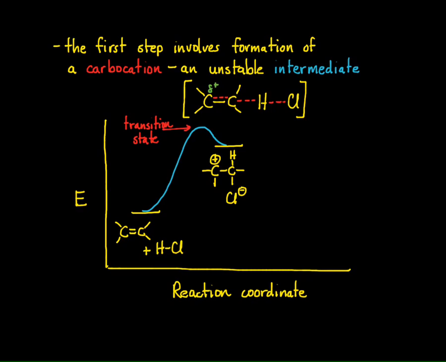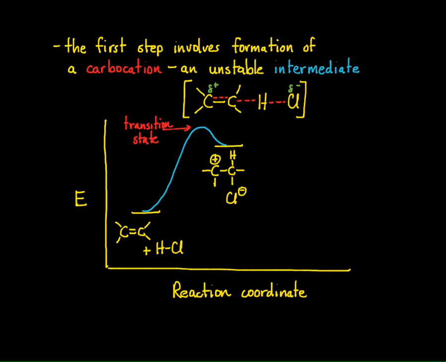But the chlorine is going from a neutral charge to a negative charge, so it's starting to take on a negative charge. We say it has a partial negative charge associated with it. This is what we refer to as the transition state.